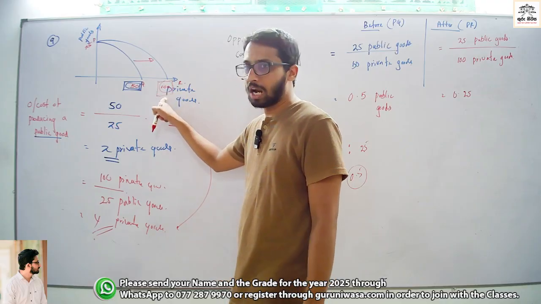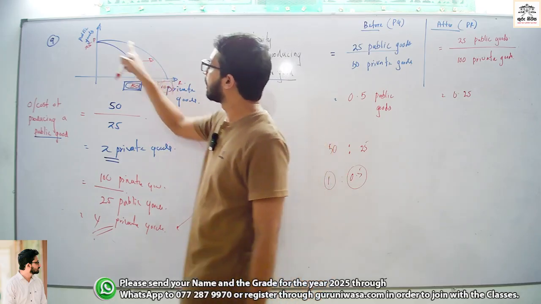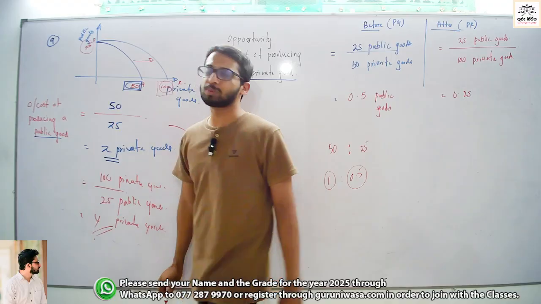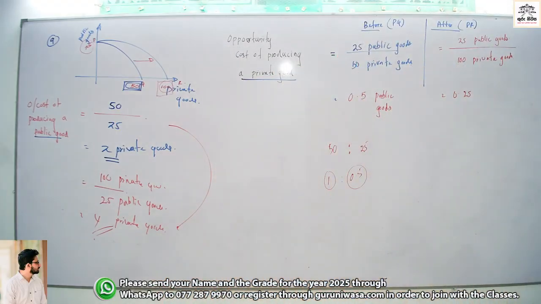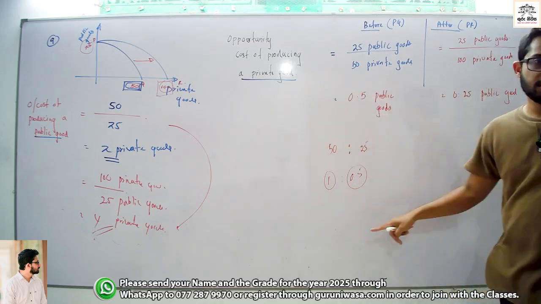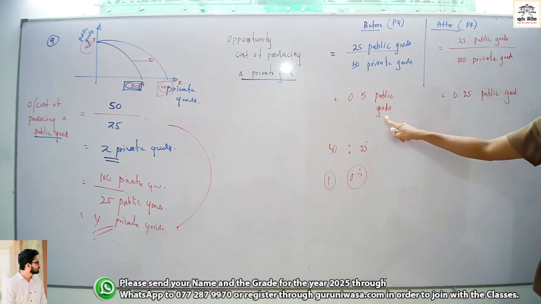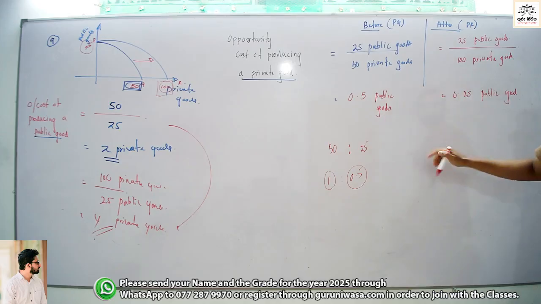Then to produce 100 units of private goods, the economy has to give up these 25 units, because public good production hasn't changed. So 25 divided by 100, how much? 0.25 public goods. Now what happens to opportunity cost? Opportunity cost of producing a private good was 0.5 units of public goods before this change, now 0.25 units.